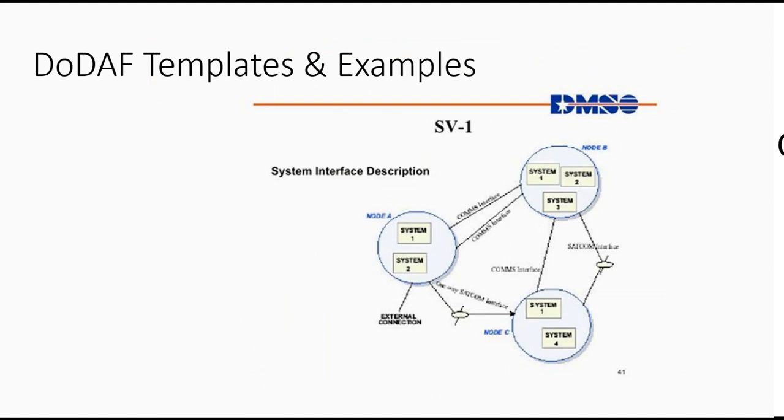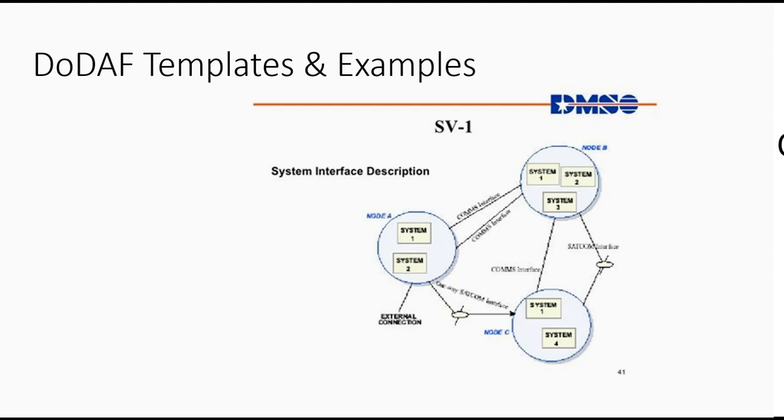DODAF templates. Here's an example DODAF template for an SV1, the basic view of a system and how they are interconnected. And here we see round things which are nodes, and systems are inside them. And DODAF generally produces command and control. So here we have a command and control kind of system being described. It's not a cloud type thing, but it could be. You could have a virtual presence.